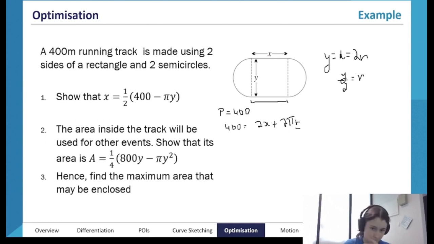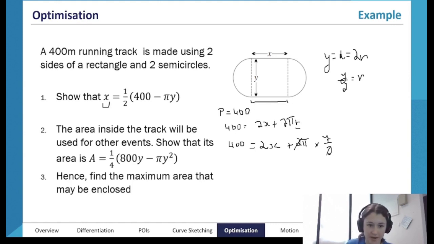So we are going to have 400 equals 2x plus 2 pi times y on 2. So these two 2's are going to cancel out. And now, as you can see, we have a relationship between x and y. We have a pi in there. This is exactly what we want. We just need to rearrange it to get it into the form that they wanted us to.